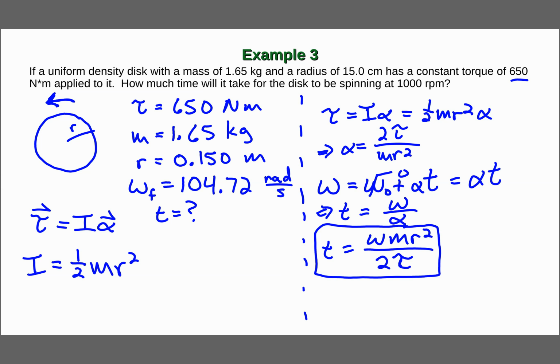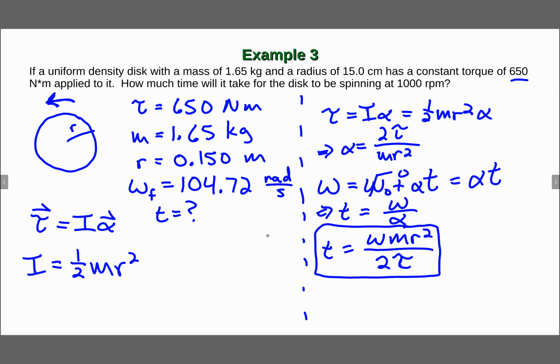And then also, as the radius goes up, the time goes up. And again, if I make the wheel bigger, then I'm moving some of the mass further away from the axis of rotation, right? Making its moment of inertia bigger, which means that it resists changes to its angular velocity more. So that makes sense, okay? It'll take longer if I apply the same torque to a bigger wheel to get it spinning as fast, okay?